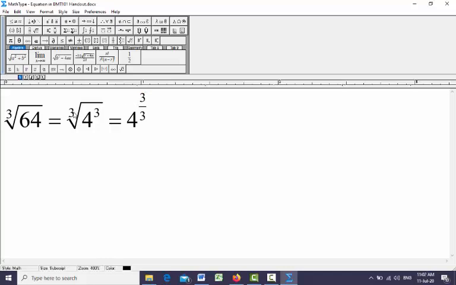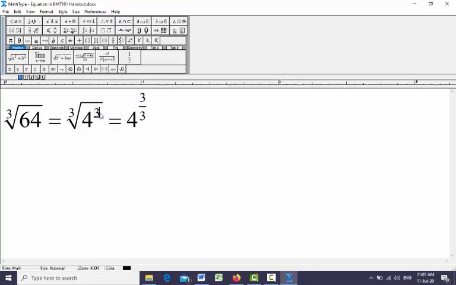Always remember, this 3 of the cubic root will always be in the denominator of the power, and whatever power is there inside will be in the numerator.